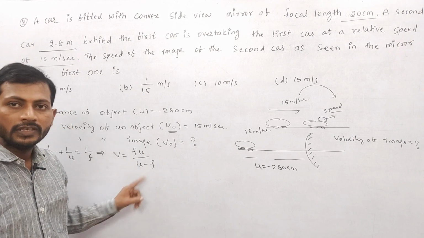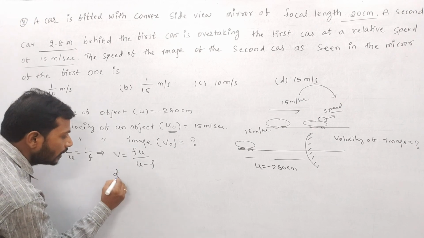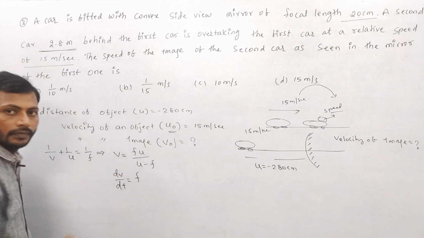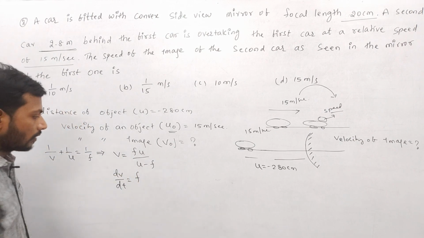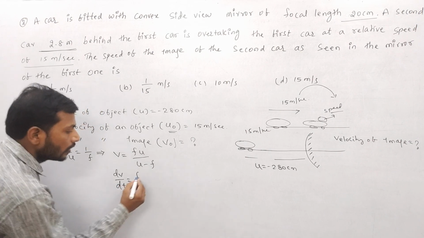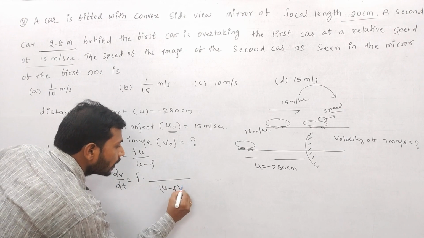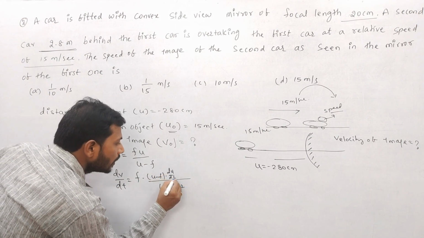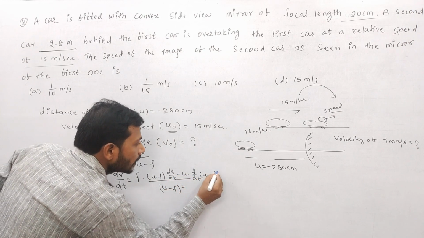If you differentiate this with respect to time, you are going to get dv by dt equals f, which is common. This formula we already derived in the previous lecture, please see that one. f into, you get u minus f whole square, u minus f into du by dt minus u into d by dt of u minus f.